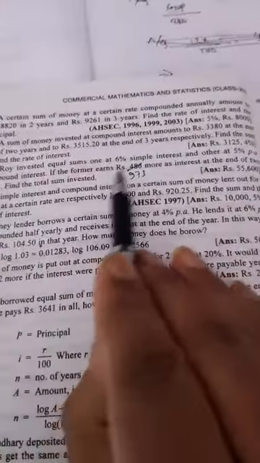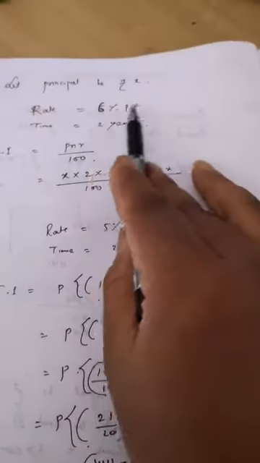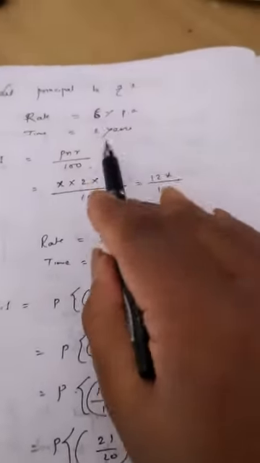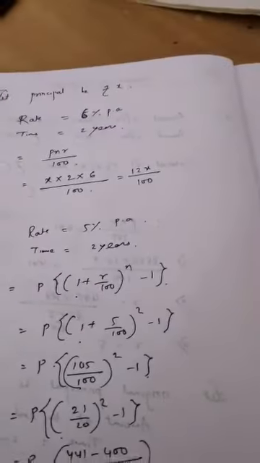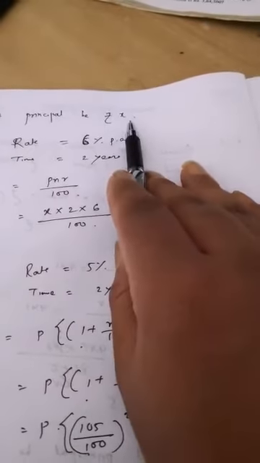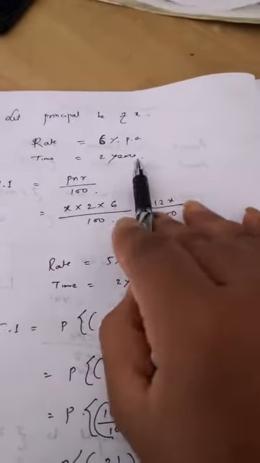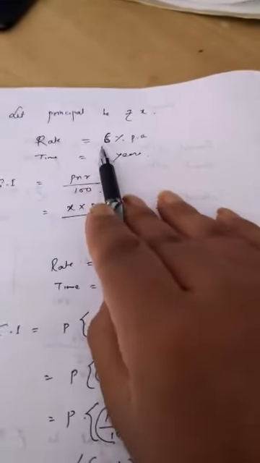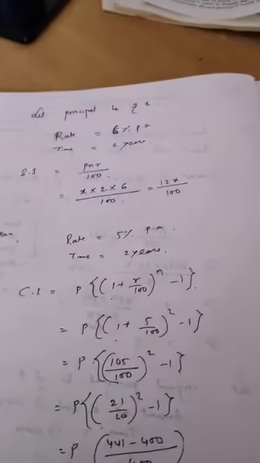If the former earned 973 more as interest at the end of 2 years. Now see again. So 6% SI, time is 2 years. Principal is the same for both cases, SI and CI. Principal is not given, so you have taken X, and time is 2 years for both cases. Only the rate is changed. For the first case the rate is 6% and for the second case the rate is 5%.